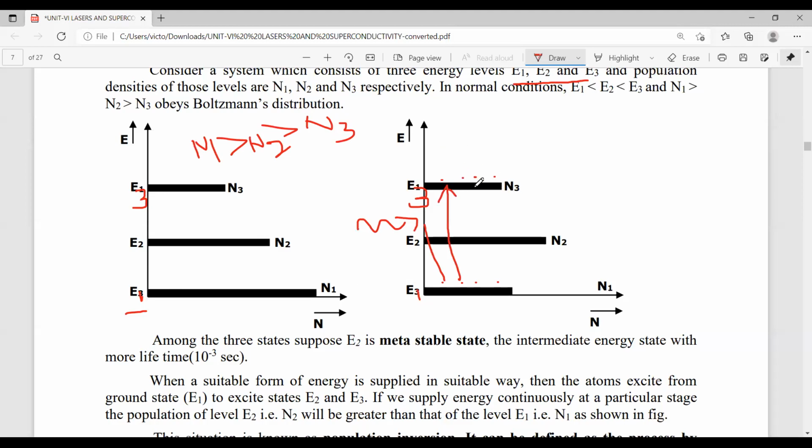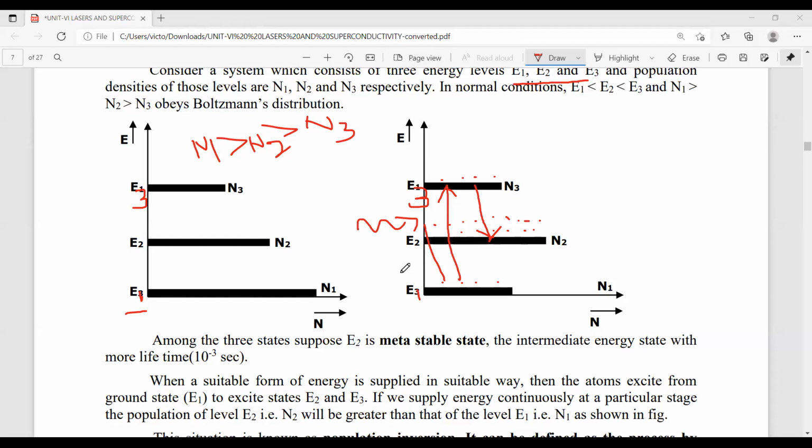But since it is an excited state, the lifetime is very small. So these atoms jump to the second energy level. But in the second energy level, atoms stay for a longer lifetime. So simply this is nothing but the metastable state.